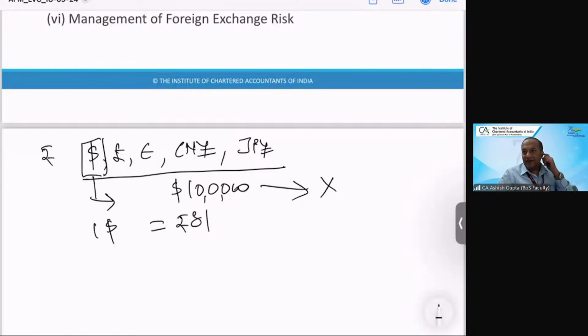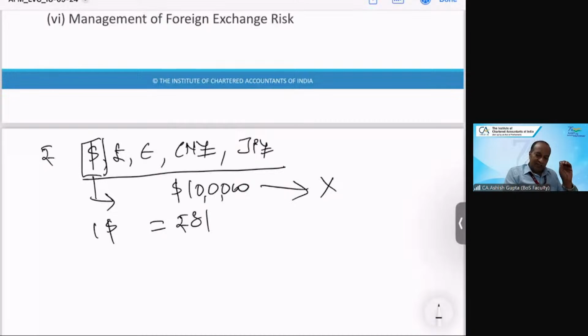Generally there is a time gap between exporting or importing the goods and making or receiving the payment.